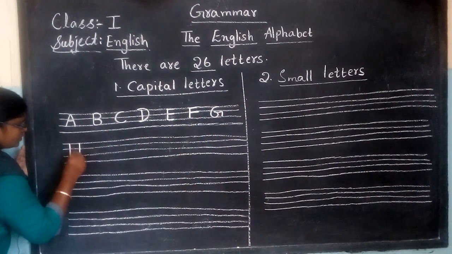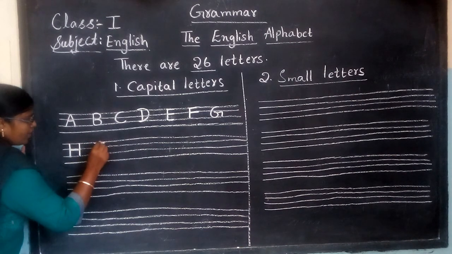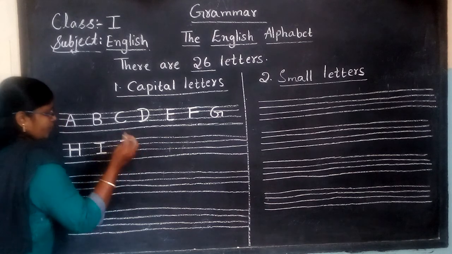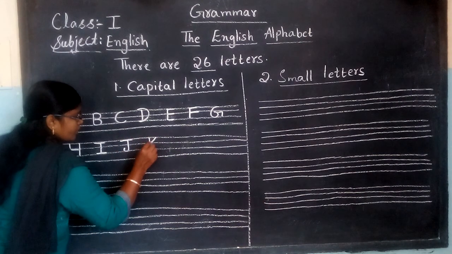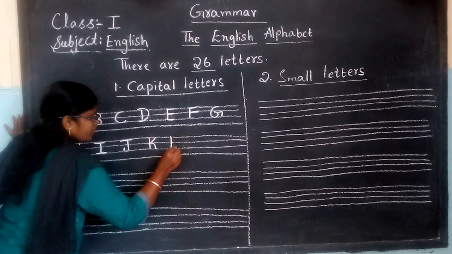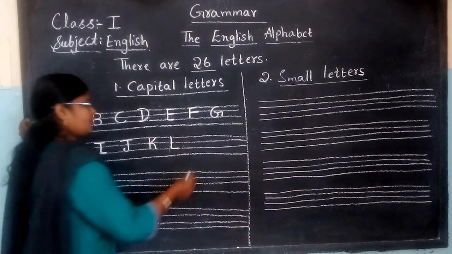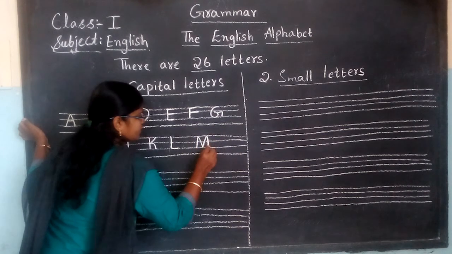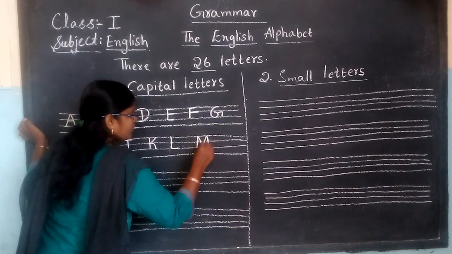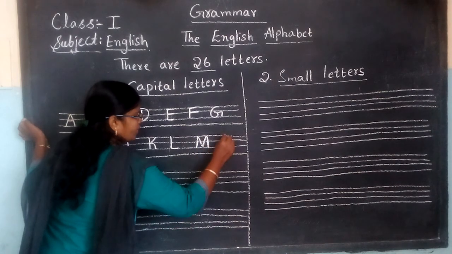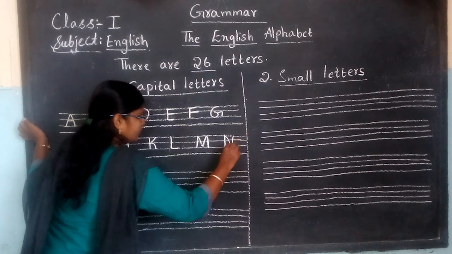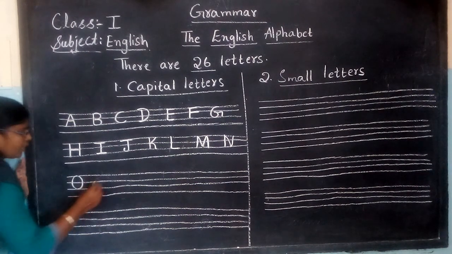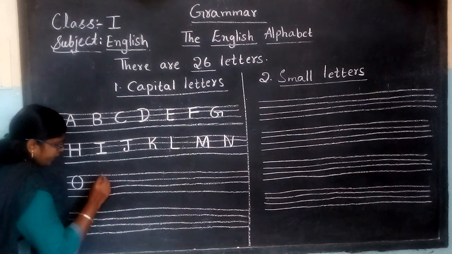H. I. J. K. L. And M should be 3 lines. It should be equal. See, how I am writing here? M. N. Capital O. And P should be uppercase only.